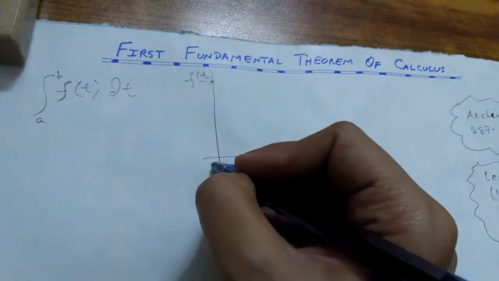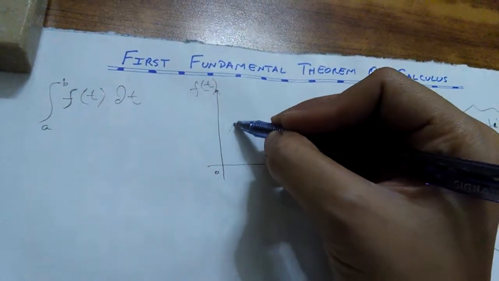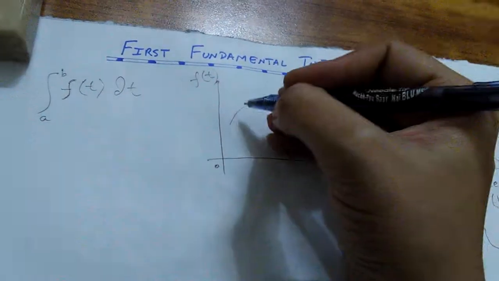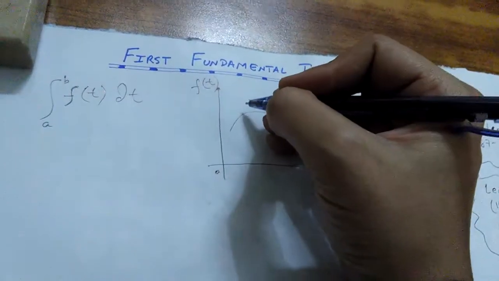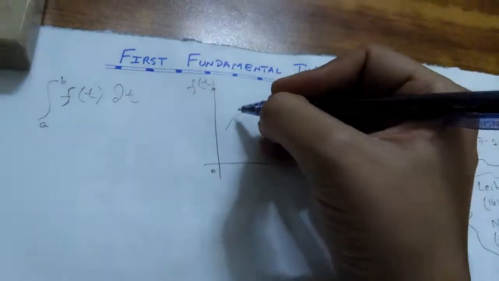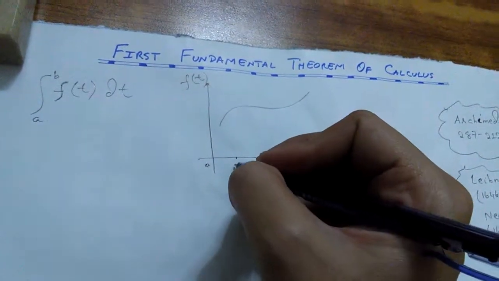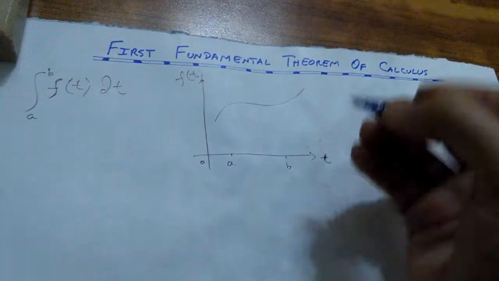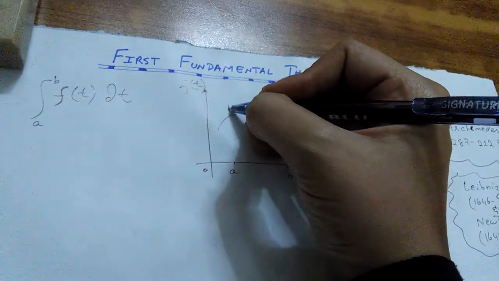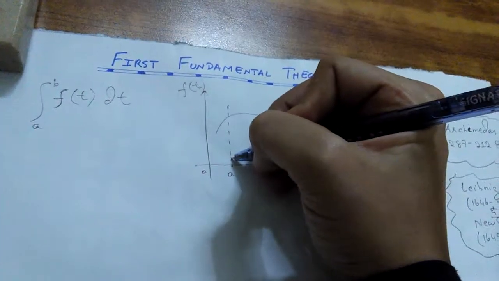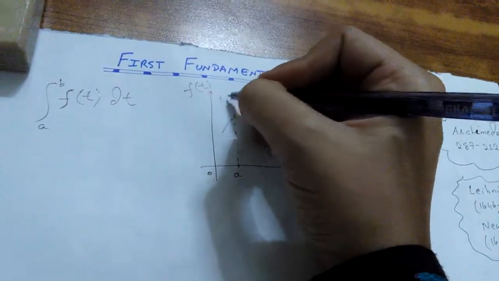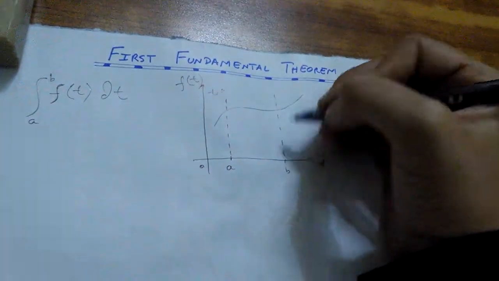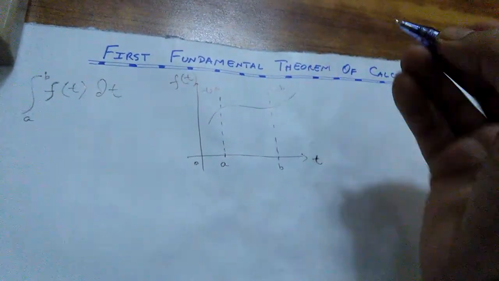If I plot this function graph, it appears, for example, as a curve something like this, and I bound this curve by two values, t equals a and t equals b. I represent these lines, t equals a and t equals b, over here.